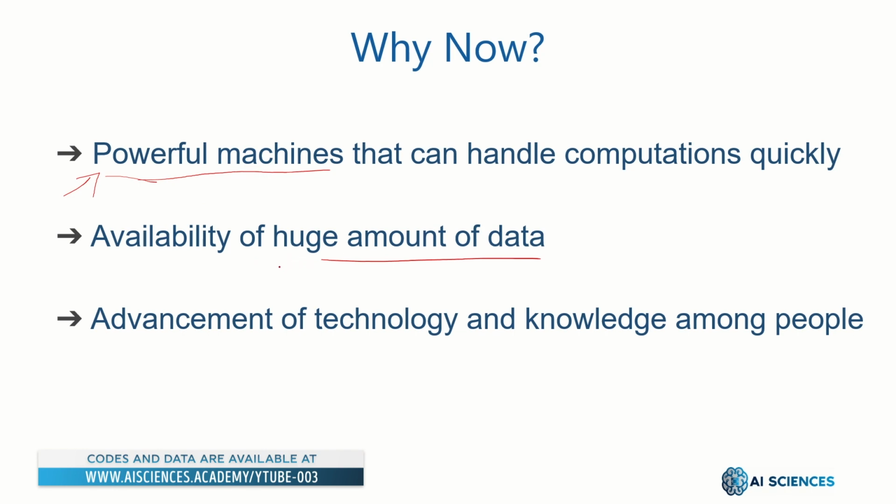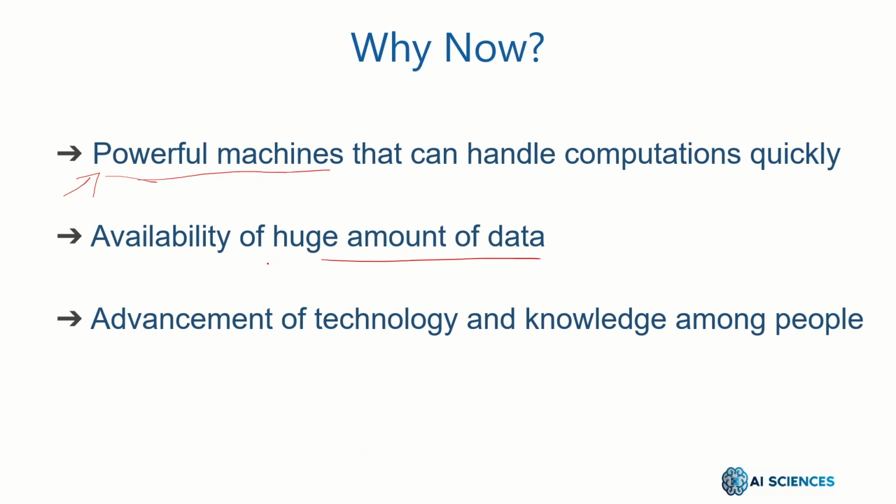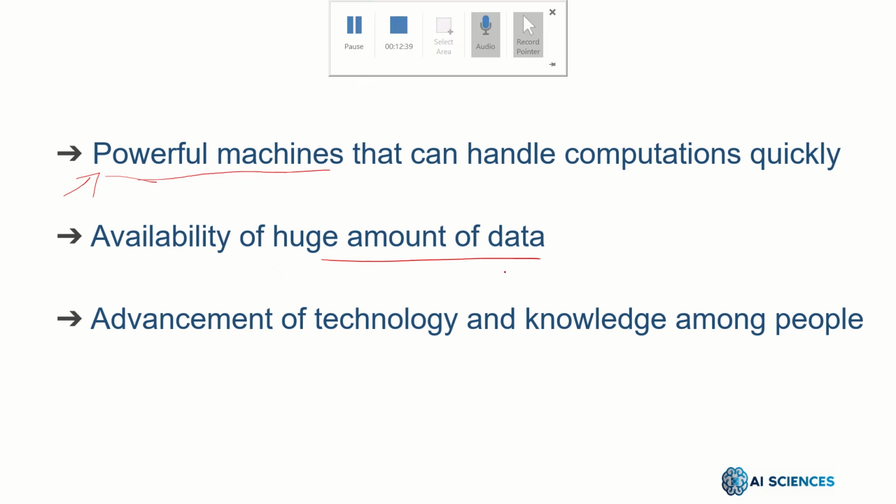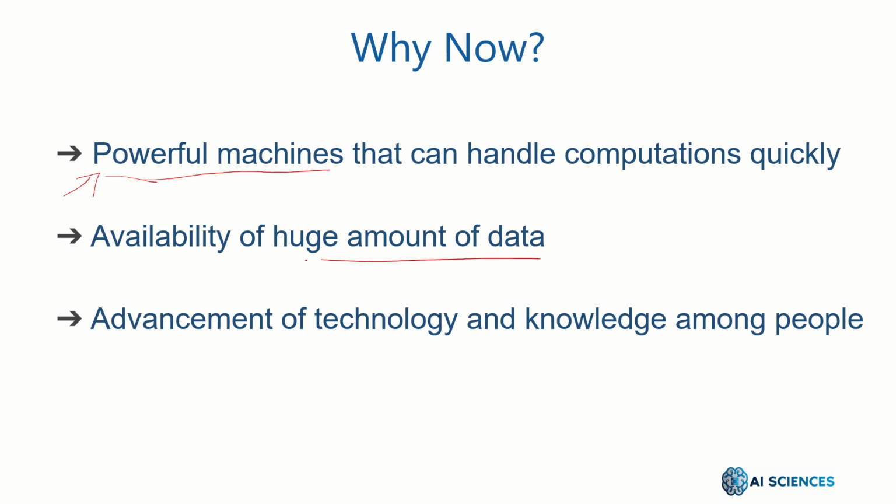Your mobile phone is emitting each and every location of yours as you move. On Facebook and WhatsApp, you're commenting and liking, and each and everything is being recorded. These recordings are growing second by second. So a huge amount of data in the form of text, audio, and video is available these days in several different formats.